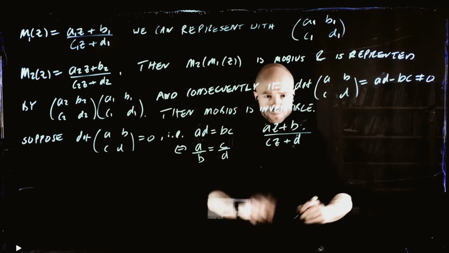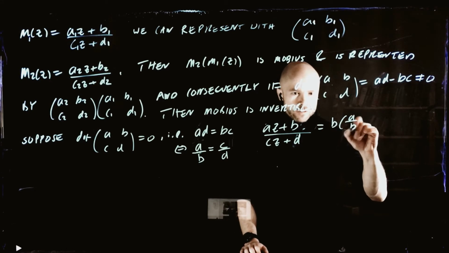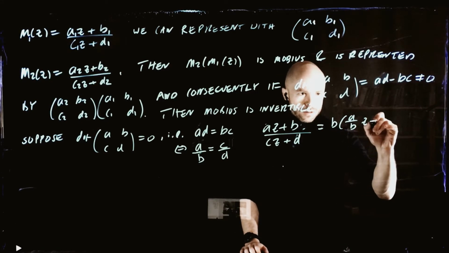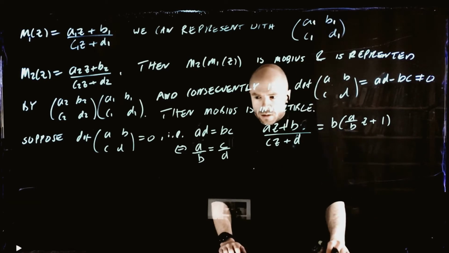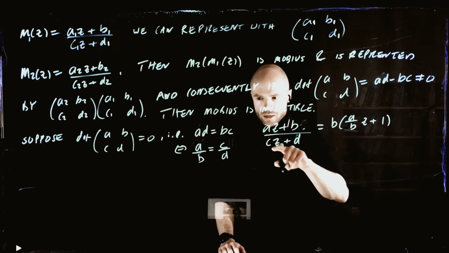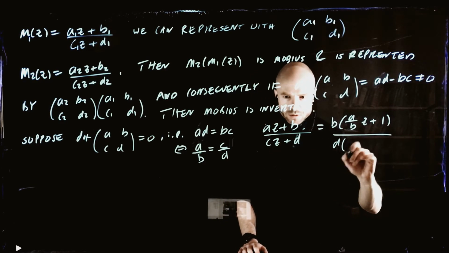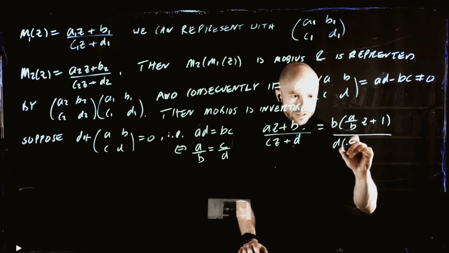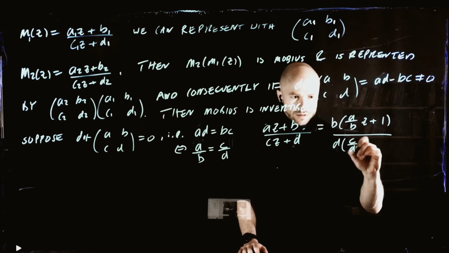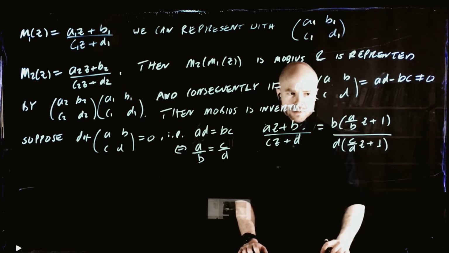So let us factor out B from the top. Then we're going to have A over B z plus 1. And then let us factor D from the bottom. Then we're going to have C over D z plus 1, right?